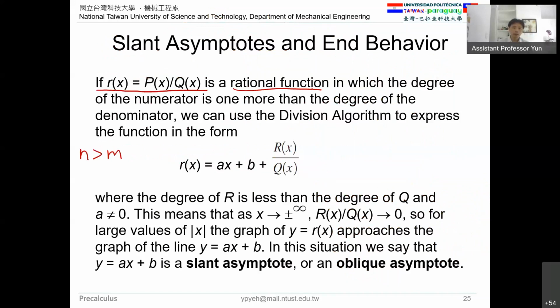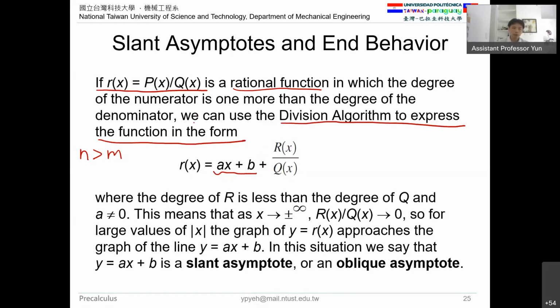Okay, and then we can use the division algorithm to express the function in the form r of x equal to ax plus b plus the remainder r of x divided by q of x.